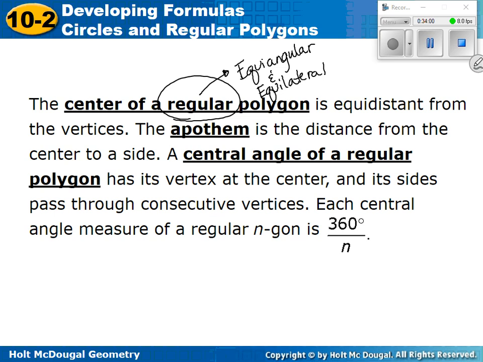So I'm going to draw the easiest one to do, which is probably, actually I'm not going to draw the easiest. The easiest would be an equilateral triangle, which is regular, or a square, which is regular. But I'm going to draw one that we don't have a formula for. Okay, let me say this again. Does everybody understand that a square is regular, equilateral and equiangular?